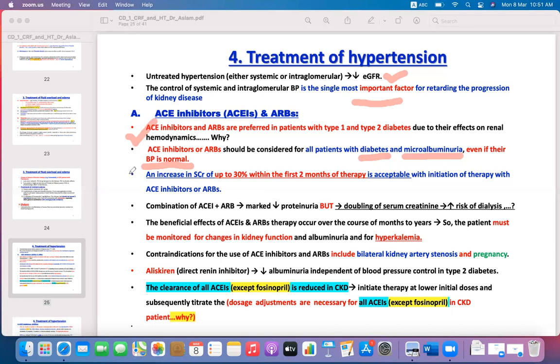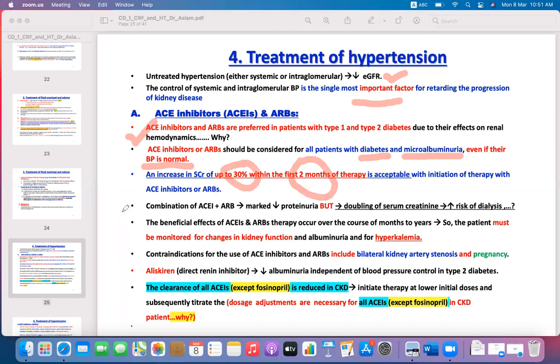When you start angiotensin converting enzyme inhibitor therapy or angiotensin receptor blocker therapy, there may be an increase of serum creatinine up to 30% within the first 2 months of therapy, and there is no need to worry. It is acceptable if the increase in serum creatinine is up to 30%.